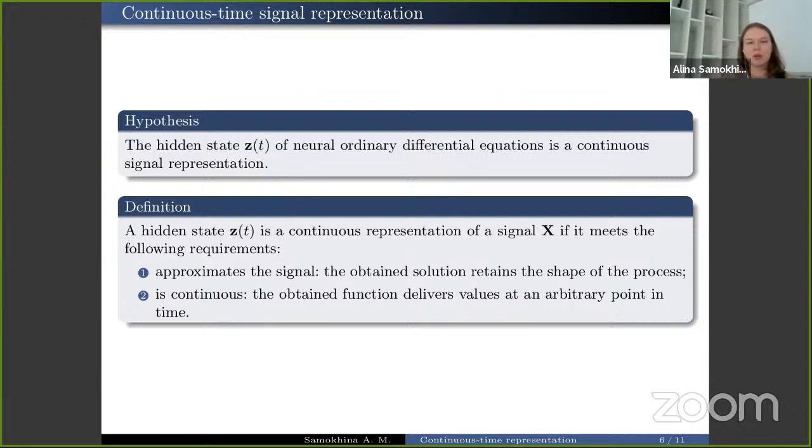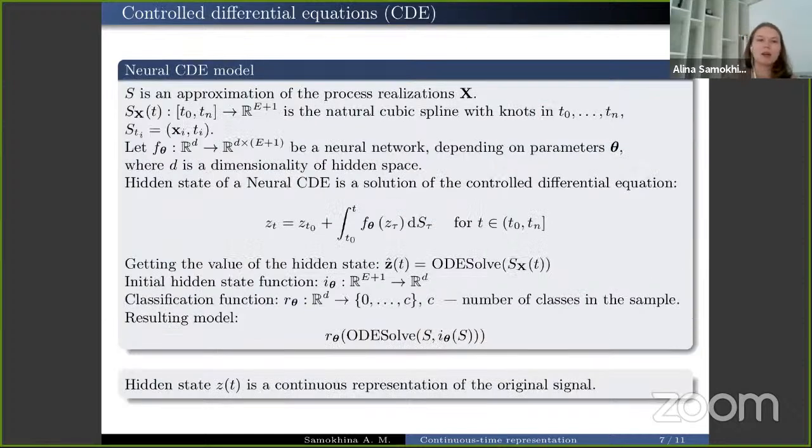What models can we look at? The first one is controlled differential equations, and here is how it works. We have our process realization, then we have some approximation as a natural cubic spline, and then we say that our hidden state would be a solution of the following controlled differential equation.